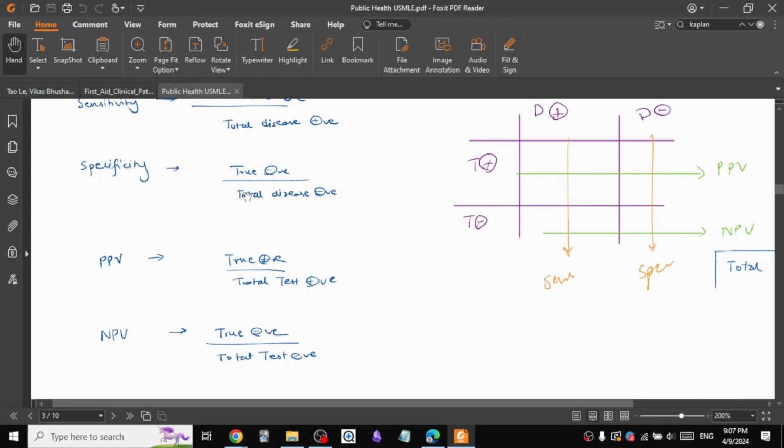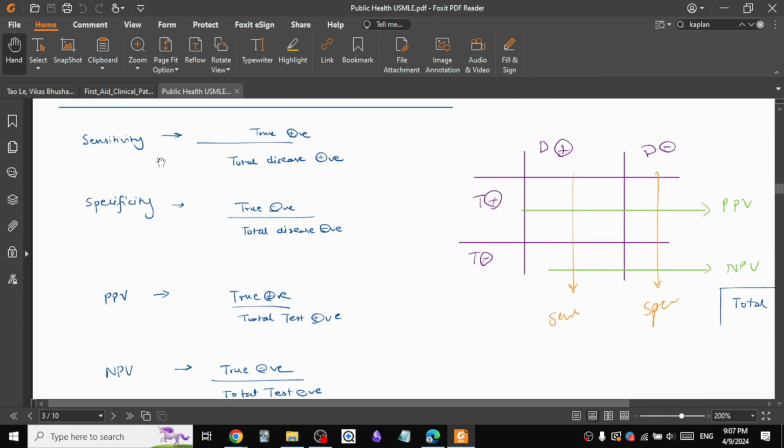It helps me pick, as the name suggests, it's very specific. And as the name suggests, sensitivity is sensitive to a wide net, and specificity is very specific to something certain. So that's the basic difference between sensitivity and specificity.